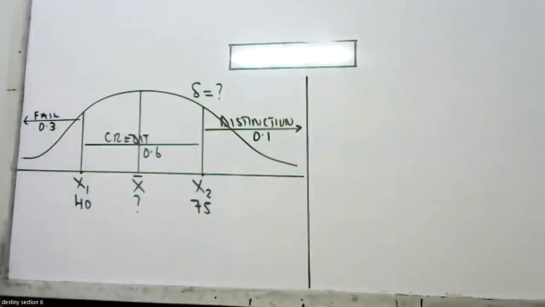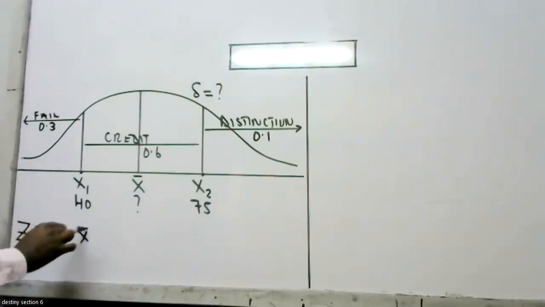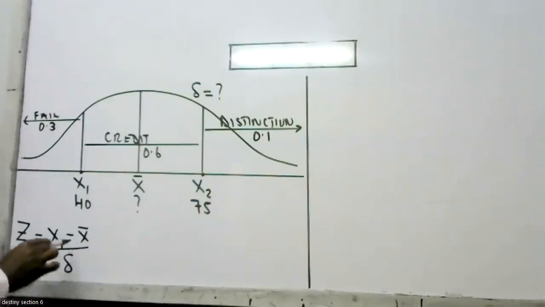So in this case, we will begin by saying that Z, maybe we can begin with Z1. Z1 is supposed to be given as X1 minus X bar, you divide by standard deviation. So in this equation, we do not know X bar, and we also do not know standard deviation.